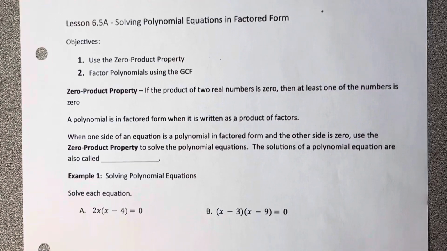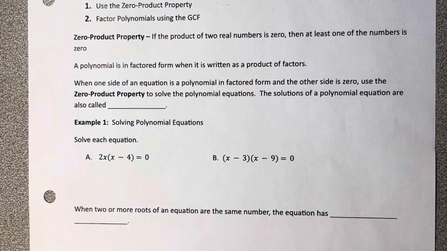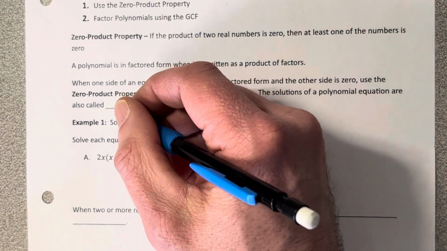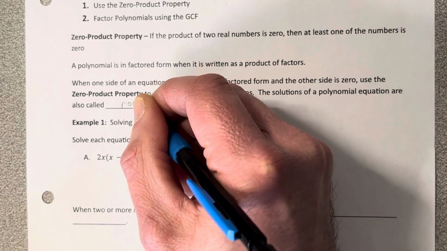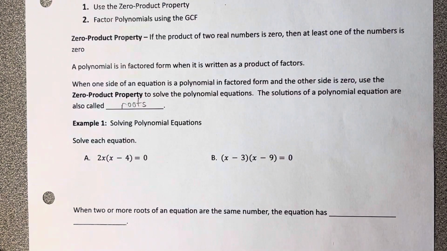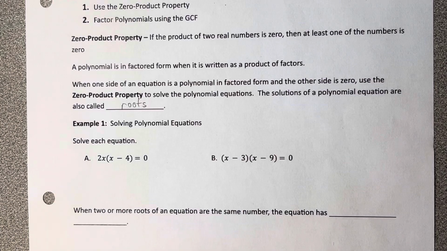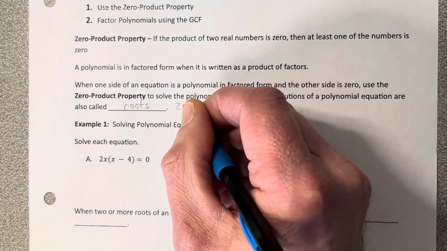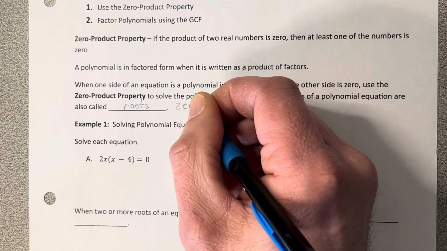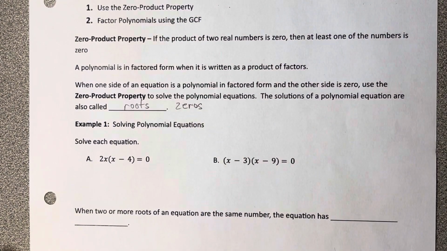The solutions of a polynomial equation are called roots. It's kind of an old term, but that's true. You'll also hear zeros and of course just solutions. So roots, zeros, they all kind of mean the same thing.